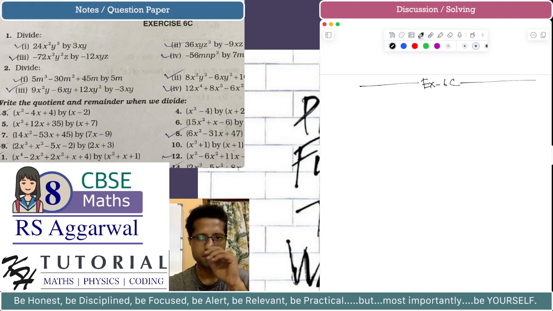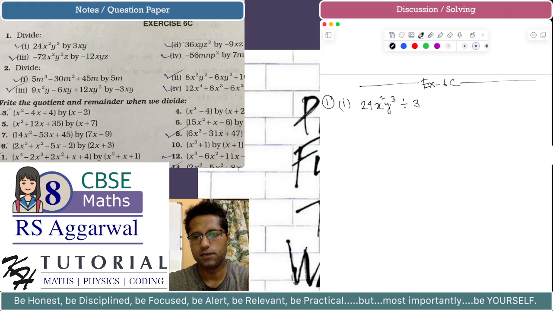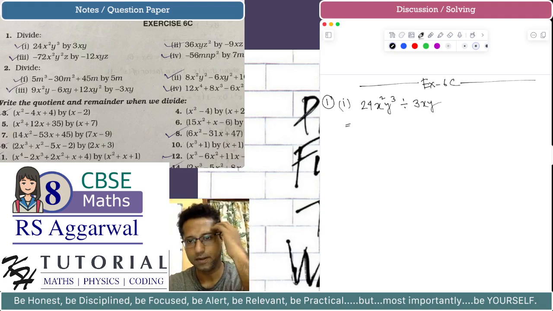So the first problem is division of two monomials. We have to divide 24x square y cube by the monomial 3xy. So what do we do? We first find the division of the coefficients, that is 24 divided by 3.